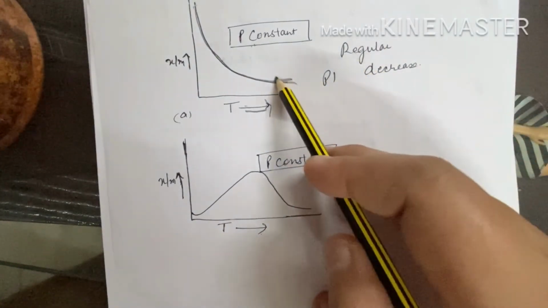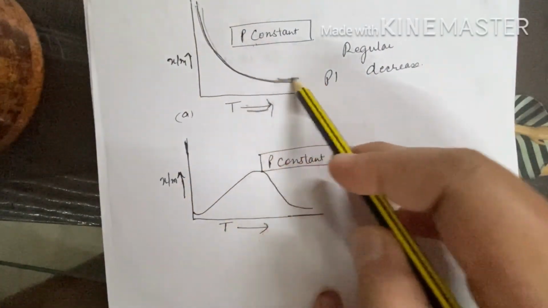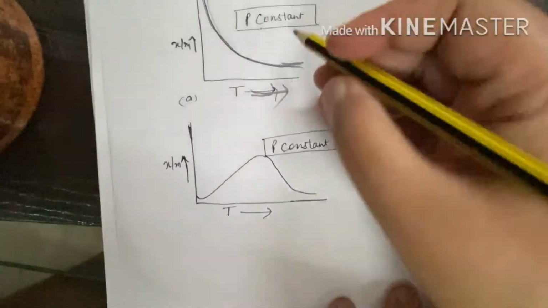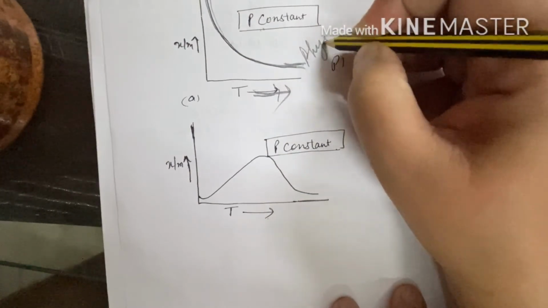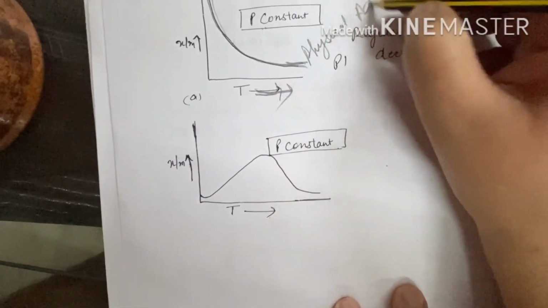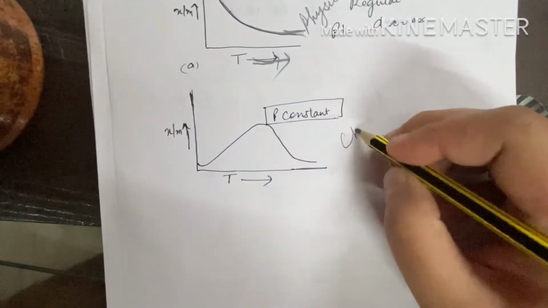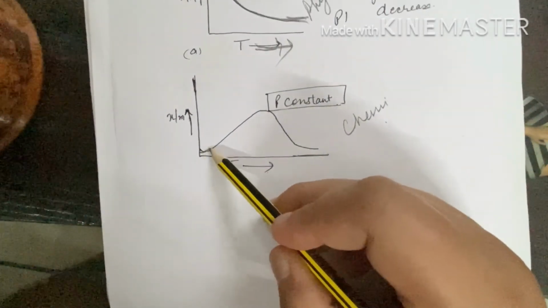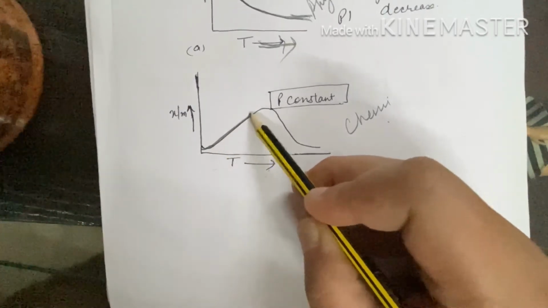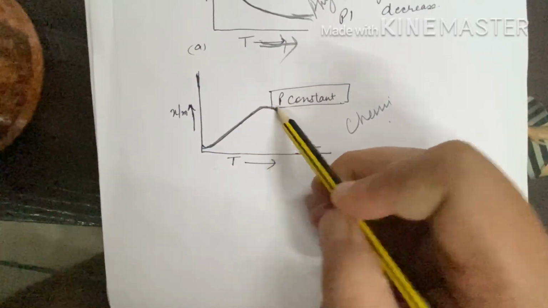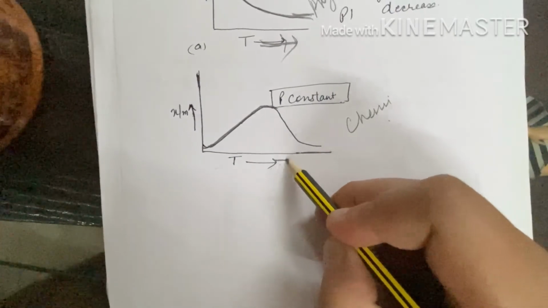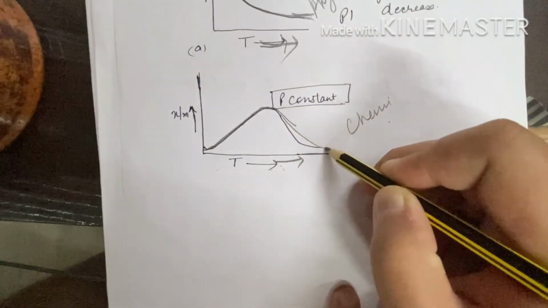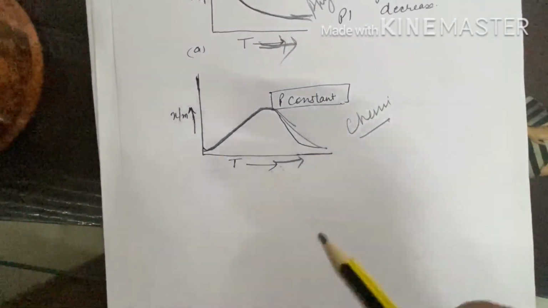It means the adsorption is decreasing with increase in temperature, and this is the case for physical adsorption. And in the case of chemisorption, first with increase in temperature the x upon m value increases, and when you increase the temperature more, the value starts decreasing. So this was the case for chemisorption.